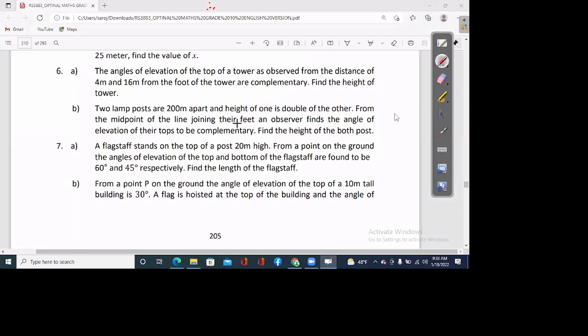And one lamppost is double of the other. And from the midpoint, that means from the middle between these two lampposts, it was found to be complementary angles. So the question asks, what is the height of the lamppost? So all of you, let's try this question.